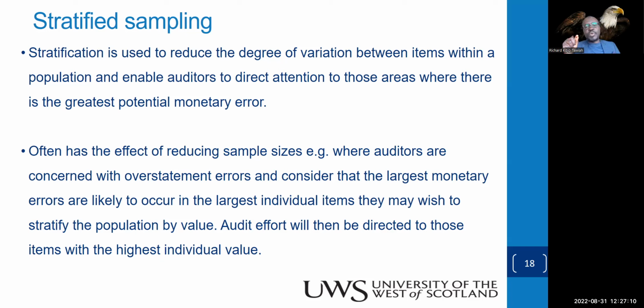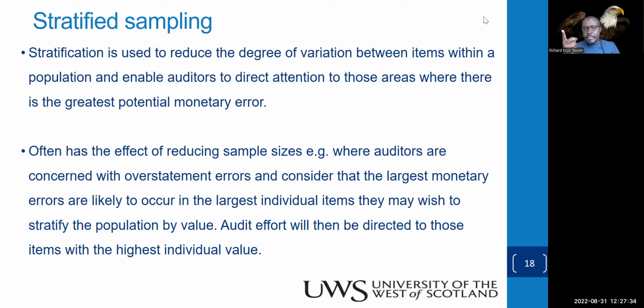The idea is that we want to reduce the level of variation between items within a population so that the auditor can direct attention to those areas which are of importance to him. Areas I think will give me an error, that's where I'll focus on. It often has the effect of reducing the sample size.